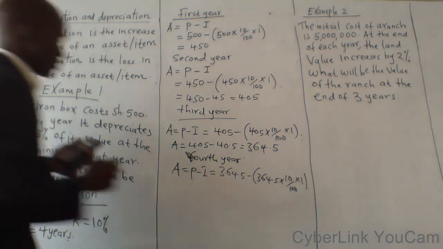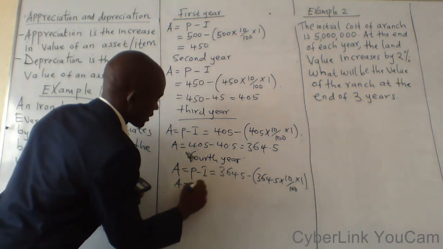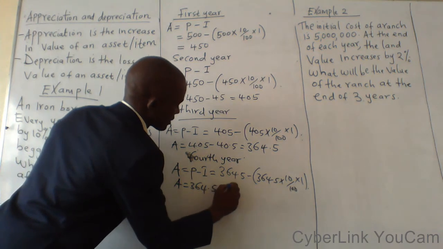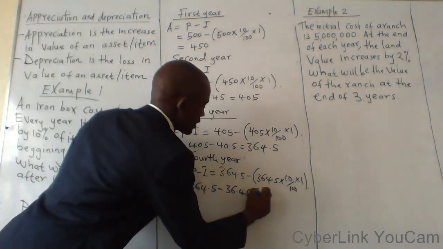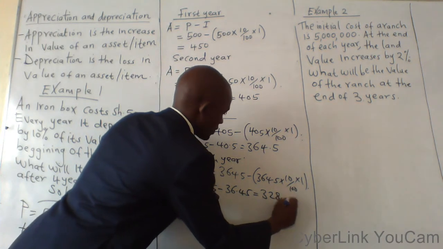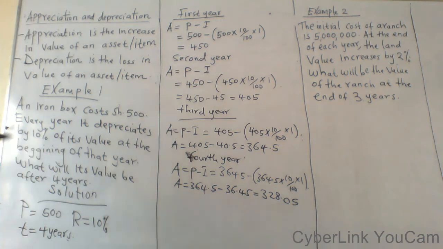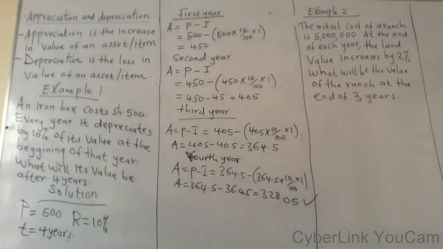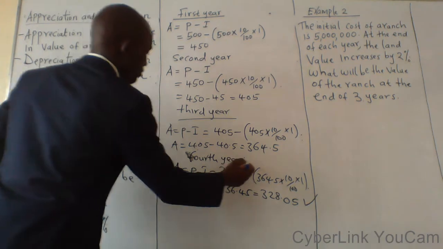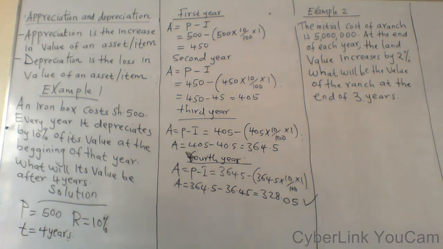If you subtract that, you will get amount is equal to 364.5 minus 36.45, which gives us 328.05. So that is the amount of money you expect this iron to cost at the end of the fourth year. At the end of the fourth year, the iron box will have dropped its value to 328.05 shillings. That is what it will be costing at the end of that particular period.